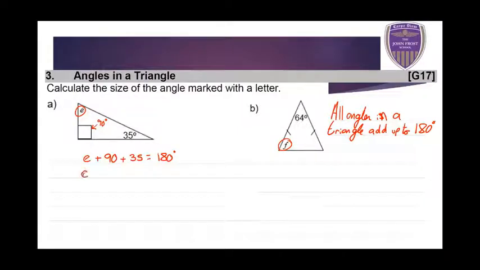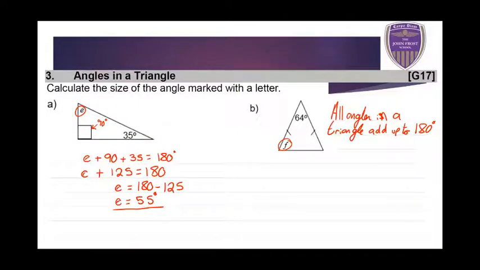So E plus 90 plus 35 is 125, equals 180. So just rearrange this now. So E is equal to 180 minus 125. So E is equal to 55 degrees, okay? So that's the first question.